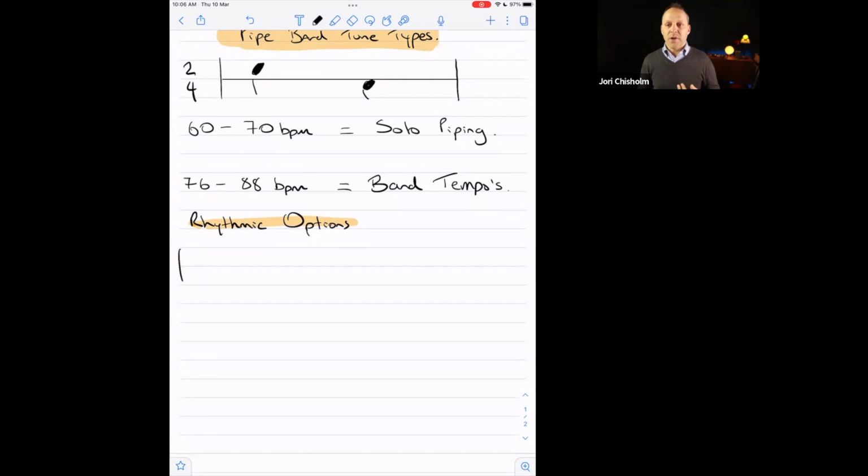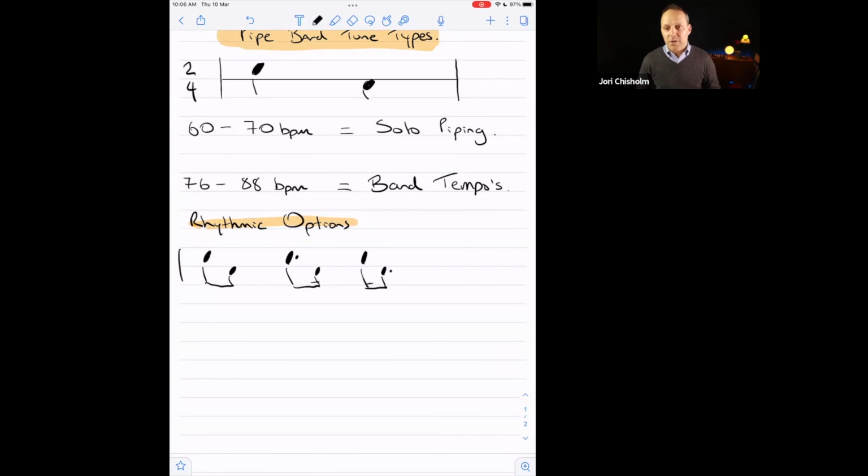You could also break those quarter notes into pairs. So you could have pairs of even eighth notes. You could have pairs of notes where the first one's dotted, which would mean it's held longer, and the second one is cut, meaning it's shorter. You could have a reversal of that, which would be the cut dot. The note lengths are the same, they're just reversed.